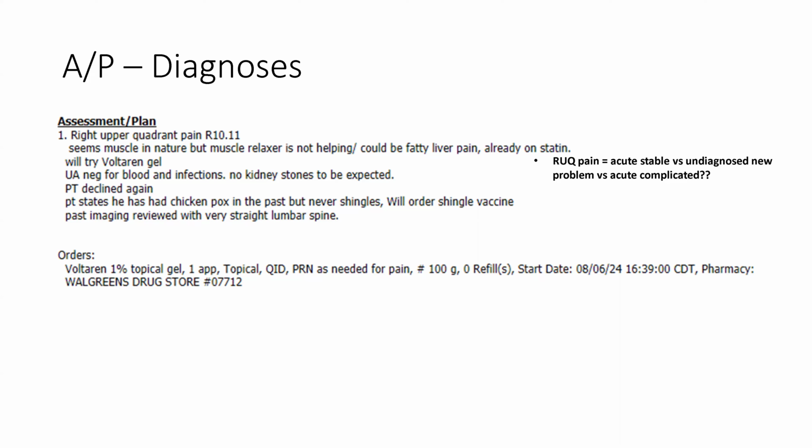Formatting some of these differentials into something that's clearly differential diagnoses being considered, with another simple auto text stuck in front of some of this stream of consciousness documentation, would have gotten credit for stuff that I don't know how you give credit for right now. There's really a lot of medical decision making put in here. It's just not structured in a way I think a coder could do much with it.